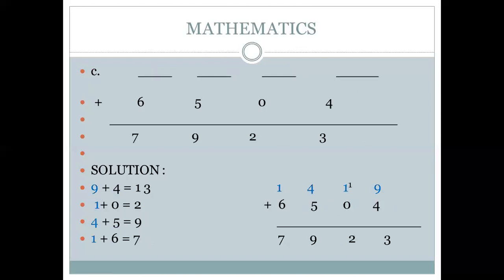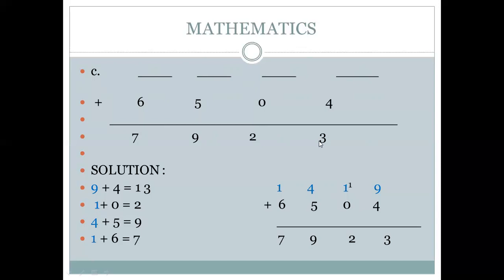Come to part C. Now the second number is given, the first is missing, and also the answer is given. Most of the students, I know that you can solve it, but I have done the solution for you. First, the first digit is given, 3.